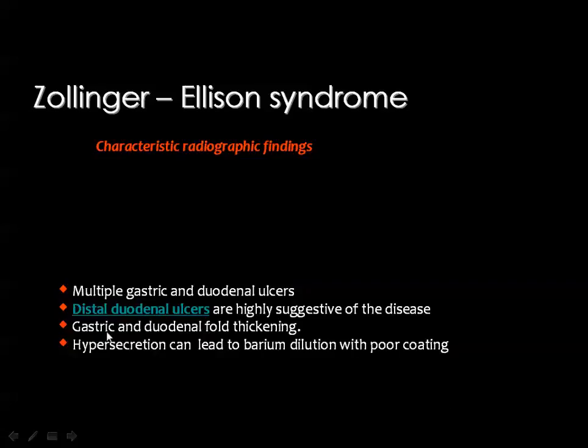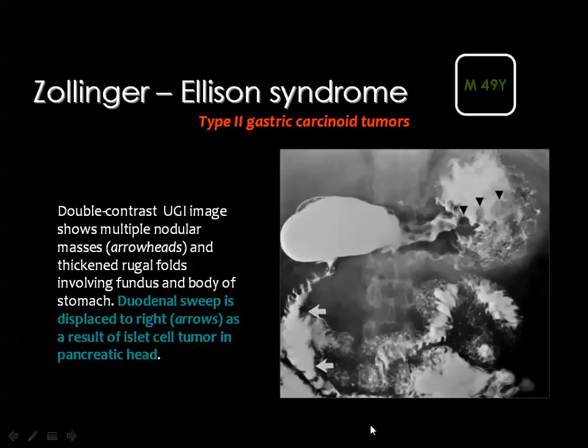Then gastric and duodenal mucosal fold thickening and the hypersecretion, as I have said, can lead to barium dilution and poor coating of the mucosa.